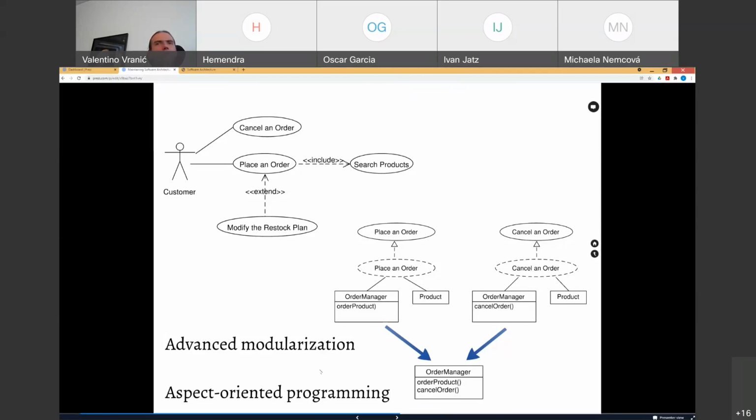One thing with respect to advanced modularization, which is not depicted here, is having the ability to see the system from different perspectives. Like I showed you the scheme of the DCI process, and it heavily relies on modularizing the system according to use cases. And we talked about what problems can arise from this.